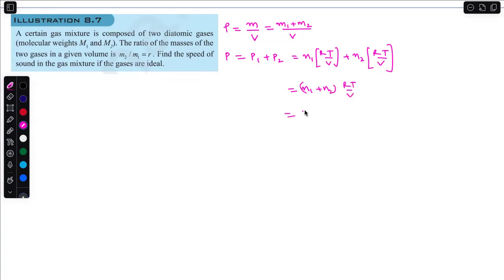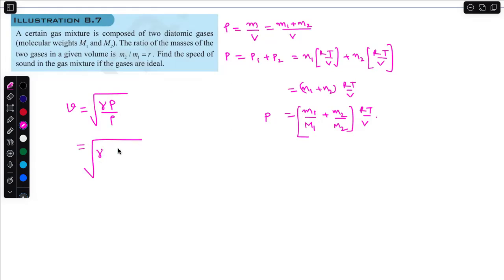What is n1? I think their molecular weights are also given for you. It is m1 by capital M1 plus m2 by capital M2, times RT by V. And remember, this is the pressure. Why do I require pressure? Because the expression for velocity of sound is root of gamma P by rho.